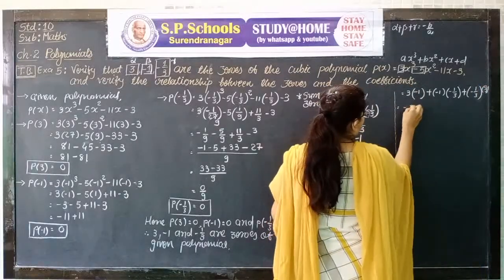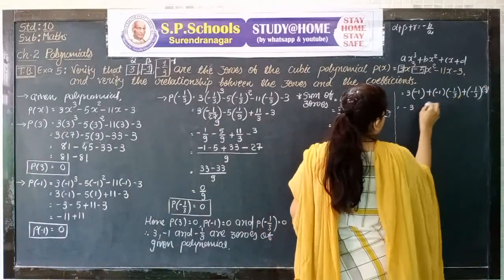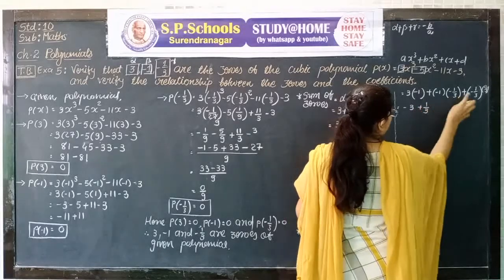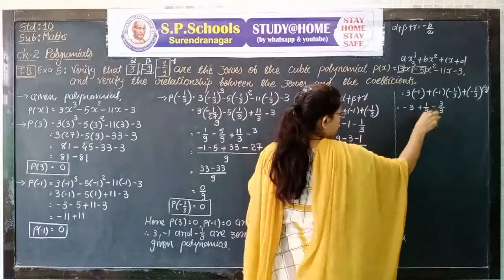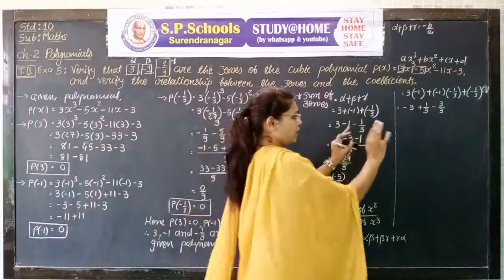It is equal to minus 3 plus 1 upon 3 plus minus 3 upon 3. Here the cut is possible, but stay as it is.